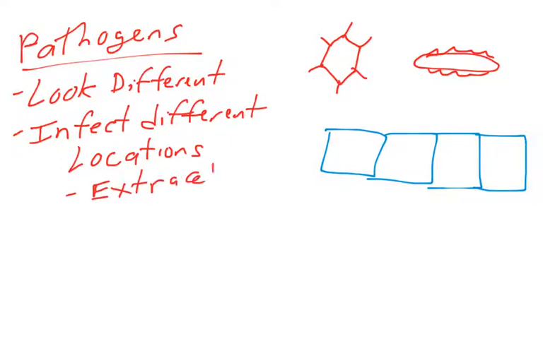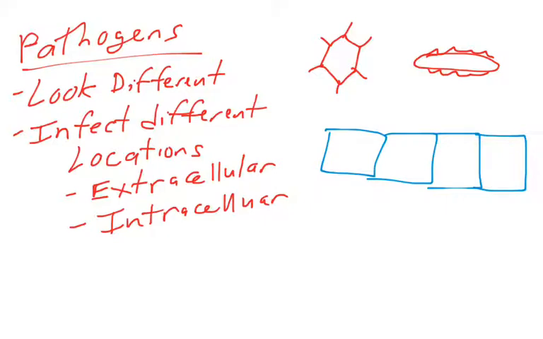Well, pathogens can either exist outside of our cells, extracellularly, so in the fluid outside of our cells, whether those fluids are the extracellular fluid, sometimes known as interstitial fluid, or the larger fluids of our body, like plasma in blood or lymph.